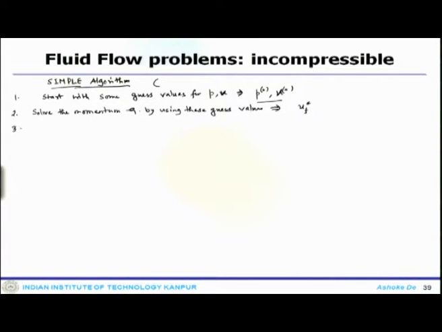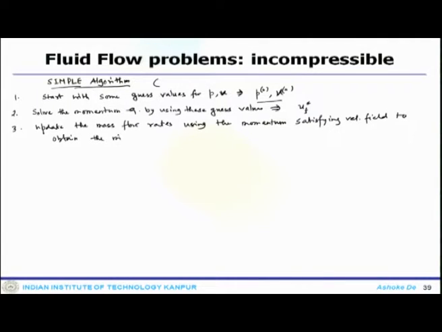Third, you update the mass flow rates using the momentum satisfying velocity field to obtain the m dot f.